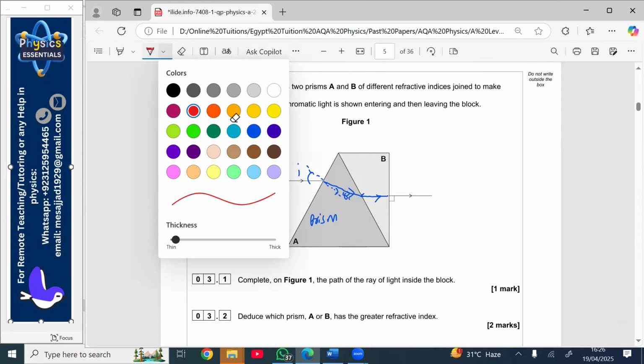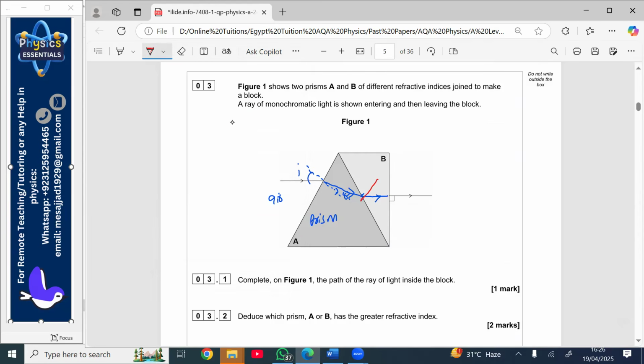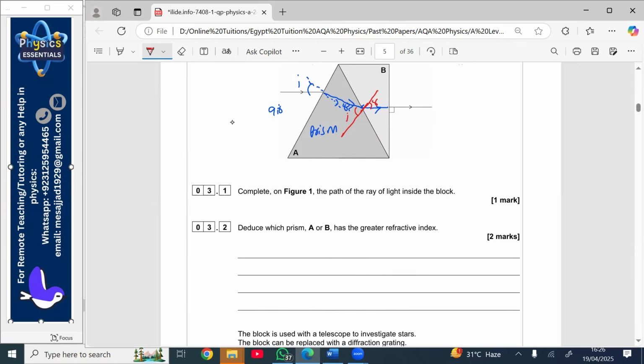Now here, let me change the color. For example, this. Now here you can see that the angle of incidence is this, because it is the angle between the incident ray and the normal. And the angle of refraction is again less. So you will say that prism B is denser than prism A. In this question, we just wanted to complete the figure.